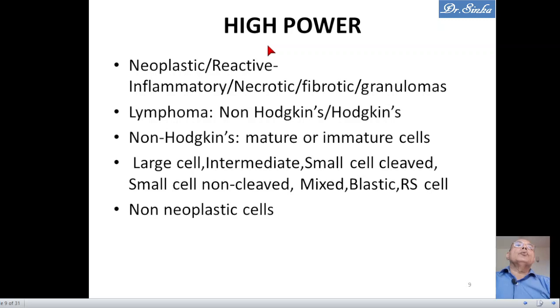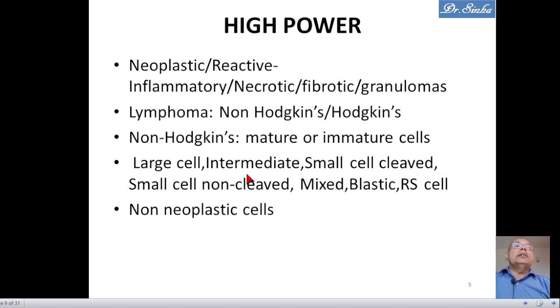In high power, one should start identifying cells to differentiate neoplastic from reactive process, inflammatory, necrotic, fibrotic, and granulomas. If neoplastic process is there, so non-Hodgkin's lymphoma or Hodgkin's lymphoma. If non-Hodgkin's lymphoma, mature or immature cells are present or not.